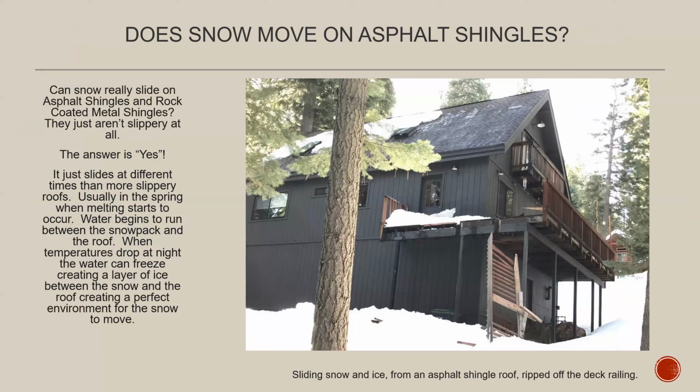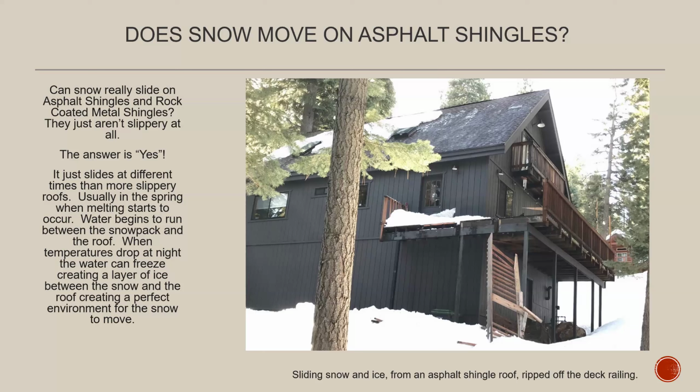This is the type of roofing material that most designers and contractors will not install any type of snow retention on until they see the problems that can happen for themselves. So snow can move on asphalt shingles, but it's going to usually move at a different time frame. So any of the other roofing materials, that snow can really move at any given point.